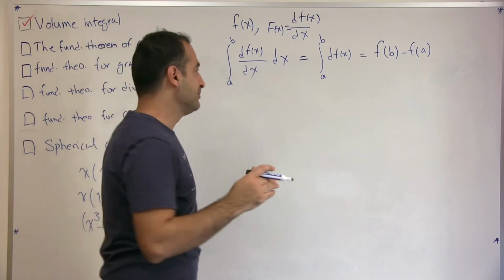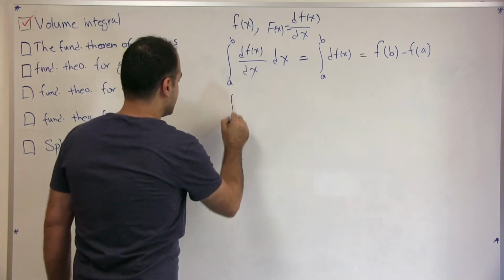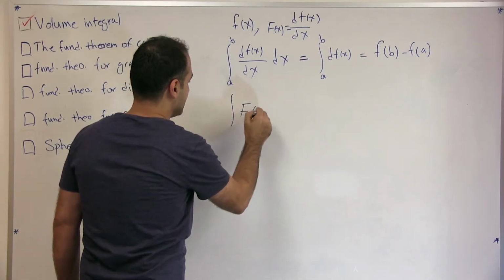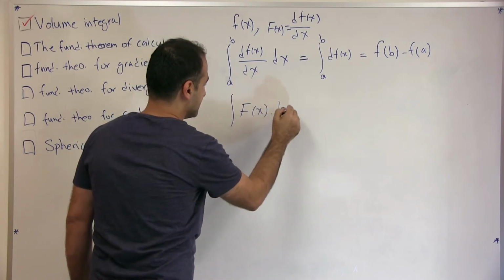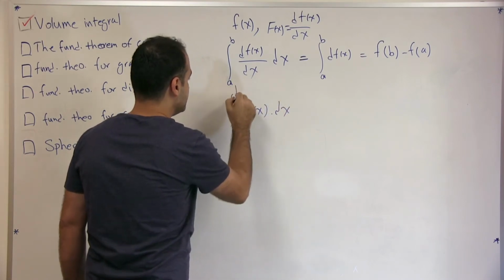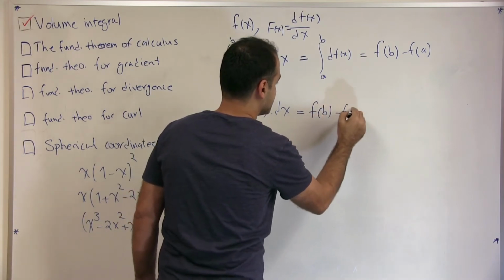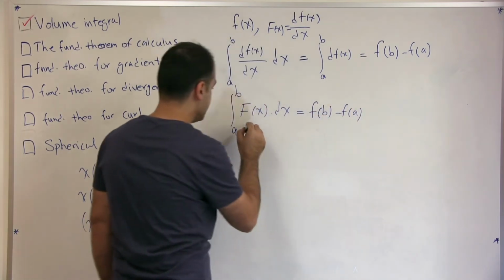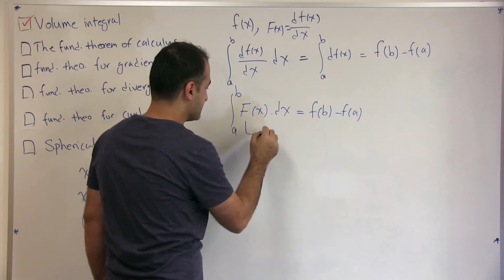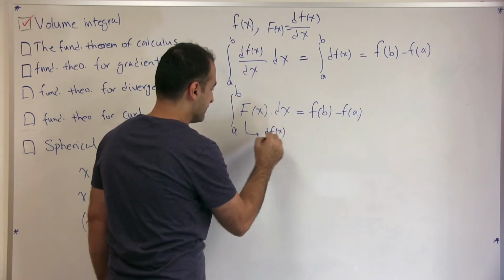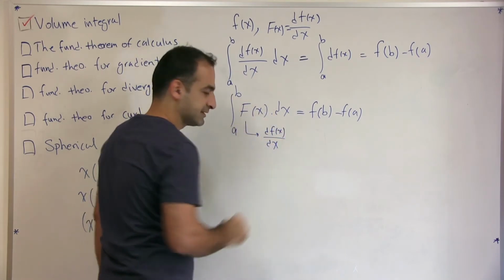Maybe you have seen it in a more familiar form of integrating capital F(x) dx from a to b, and that being equal to f(b) minus f(a). Again, with the definition that F(x) is df(x) over dx.